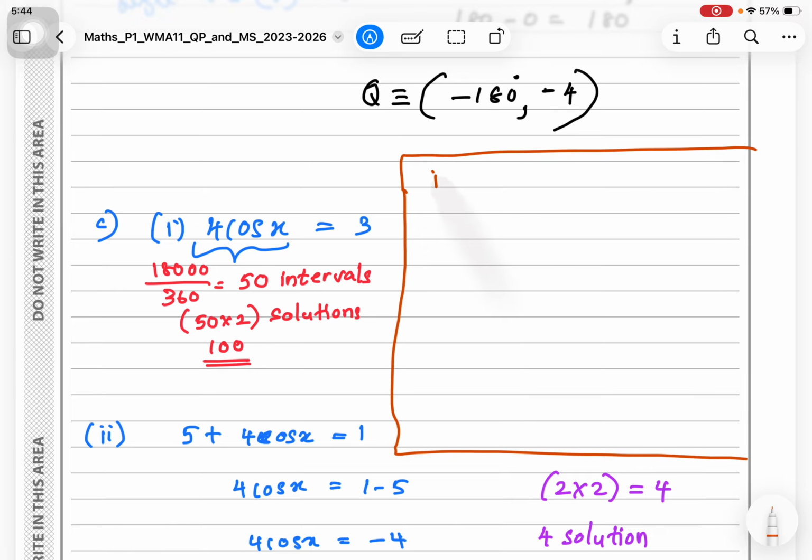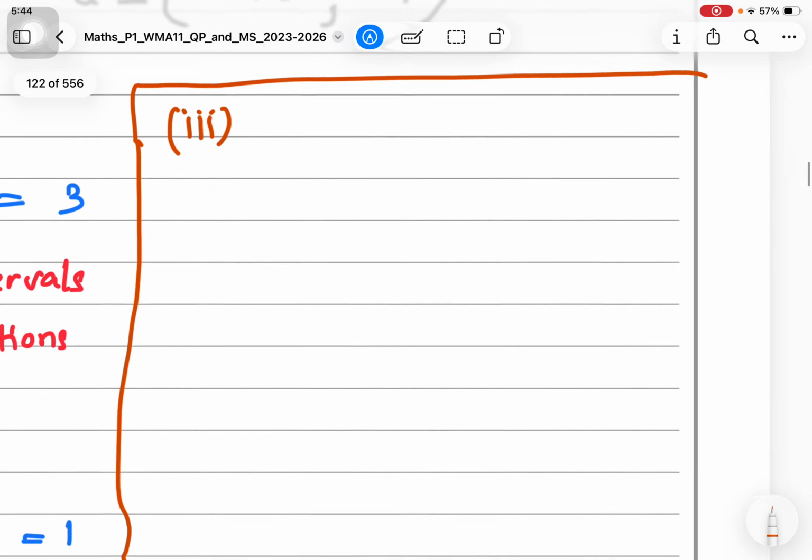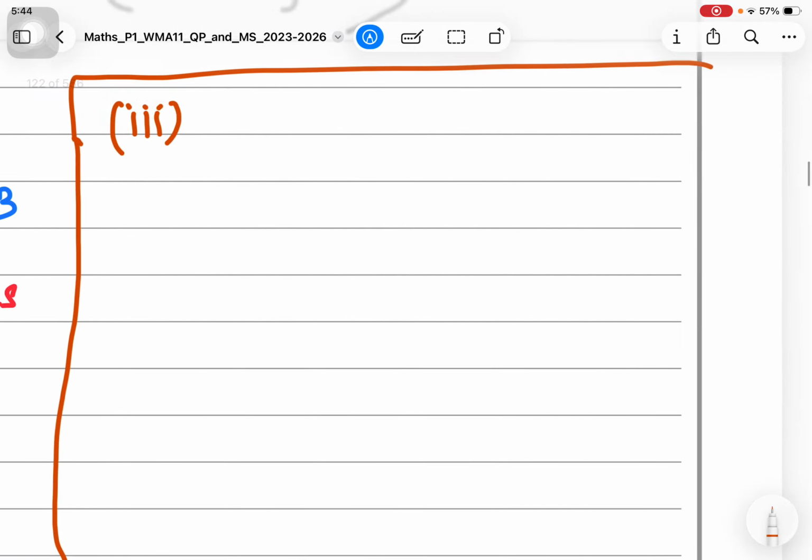So this time they're asking 4 cos x minus 3 equals 1. So this time the 4 cos x is going to be positive 4.